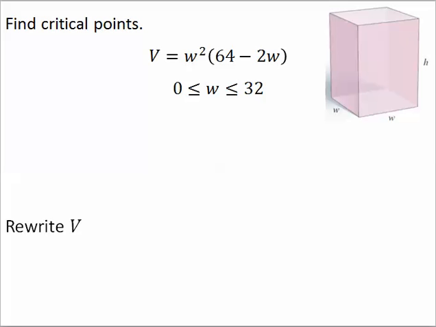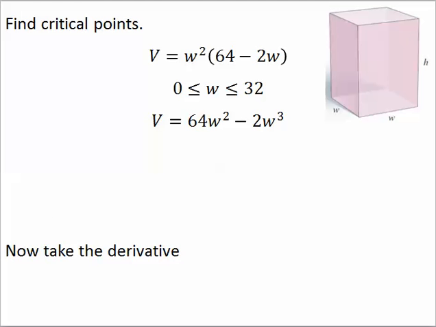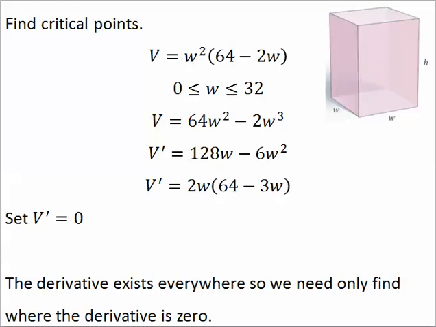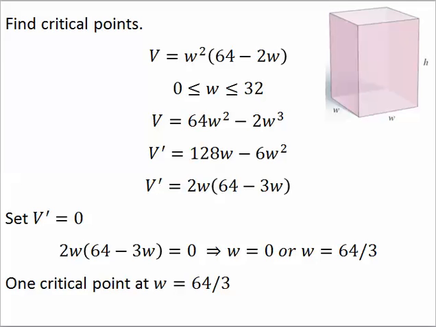And again, it's going to be easier if we rewrite v. So we rewrite v and take the derivative and look for critical points. We factor this so that when we set it equal to 0, it's going to be easy. The derivative exists everywhere, so just set it equal to 0 and we get a critical point of 64/3.